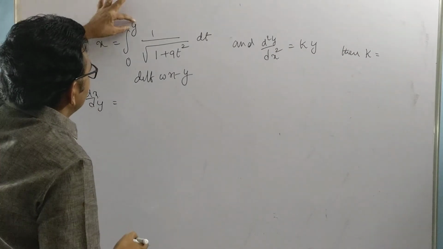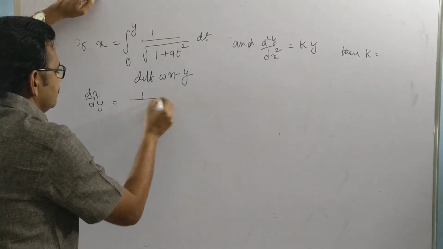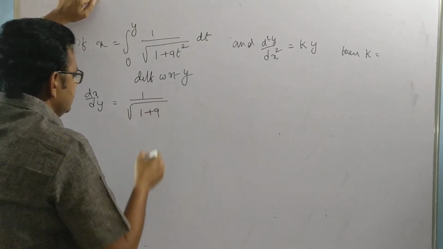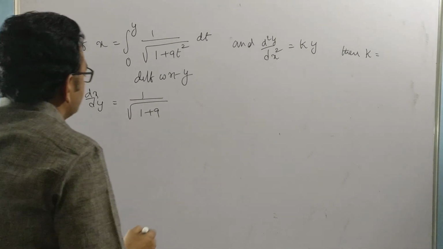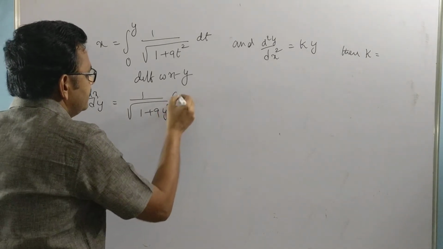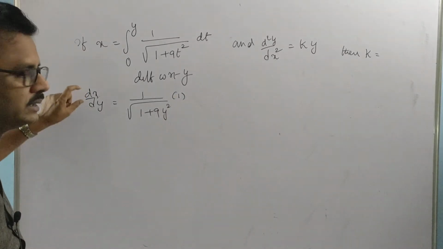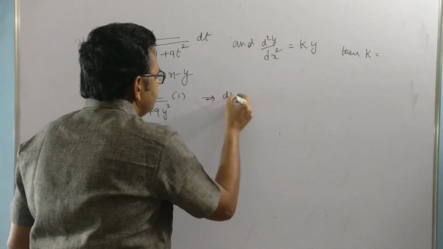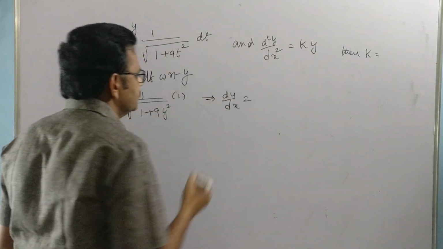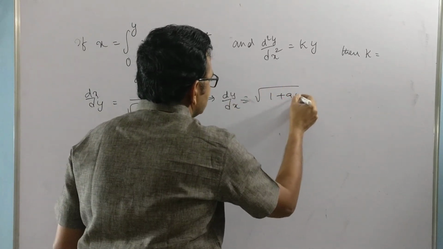In place of t write y, into derivative of y with respect to y. 1 by root of 1 plus 9y square into derivative of y with respect to y, which is 1 minus 0. Okay? So this is dx by dy, which implies dy by dx is equal to root of 1 plus 9y square.